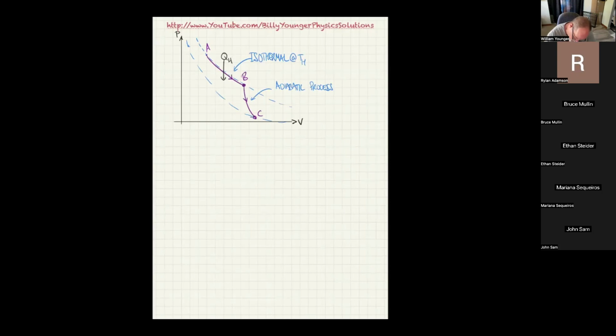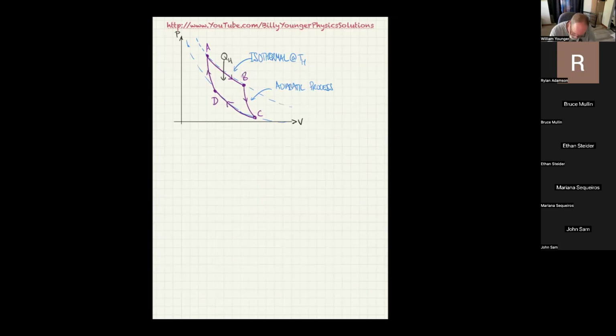Then I'm going to go back to here, which would be point D. And of course, that's an isothermal process, followed by an adiabatic process.